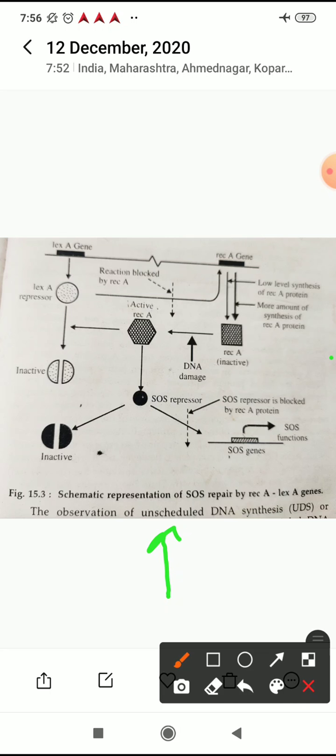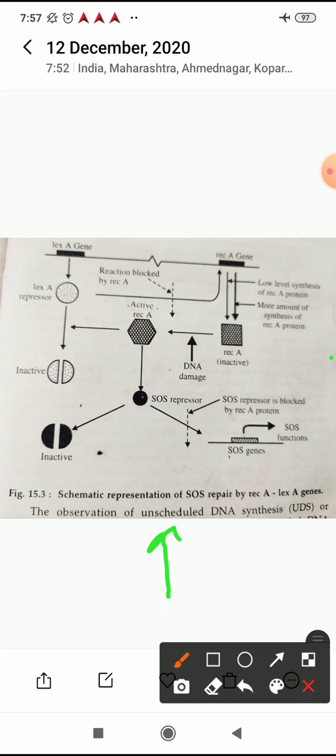So SOS repair is a mechanism of DNA repair which is induced in Escherichia coli by ultraviolet radiations or by many other agents which either damage DNA or inhibit wrong way replication. The SOS DNA repair mechanism ensures survival of the organism as it directs wrong way DNA synthesis to right way.